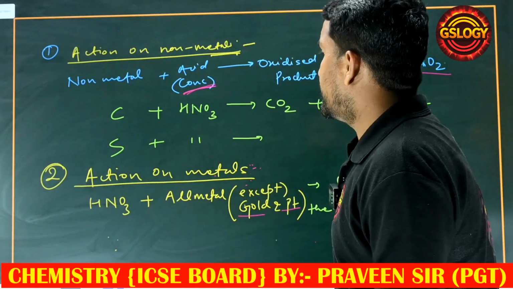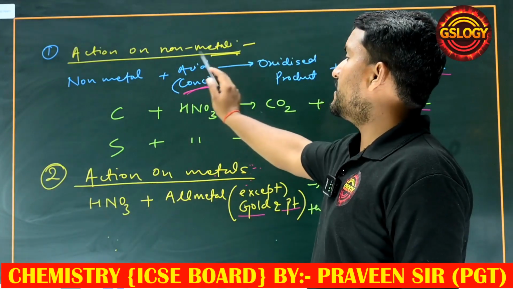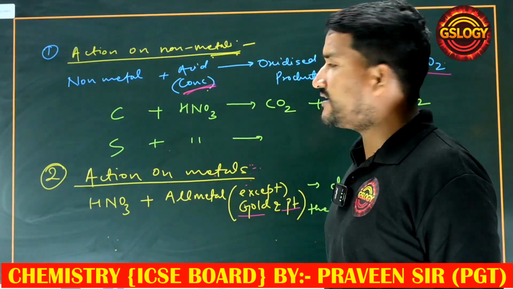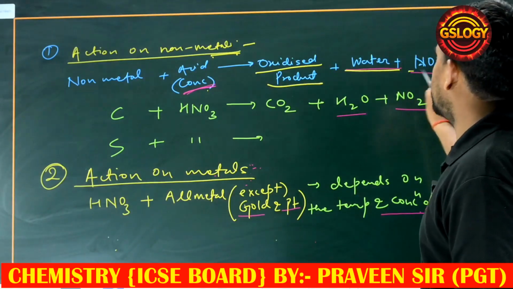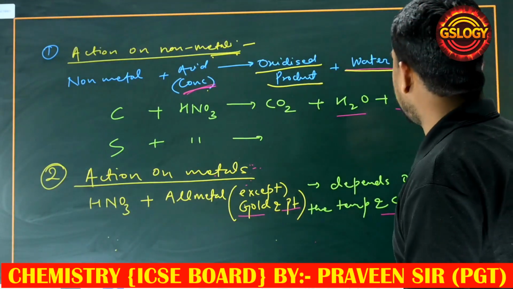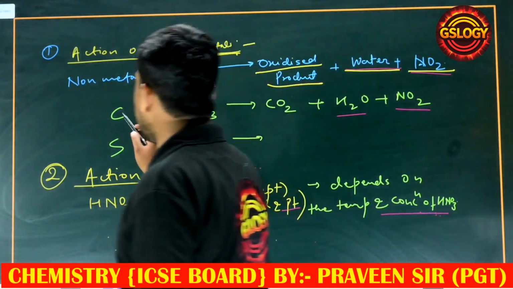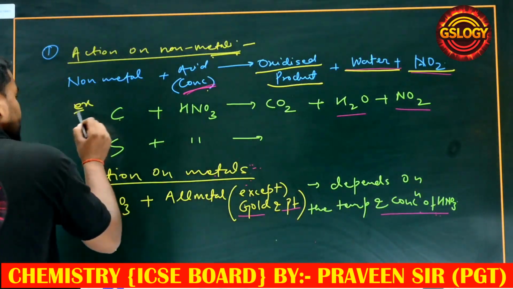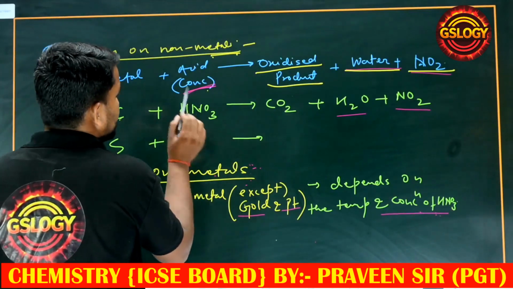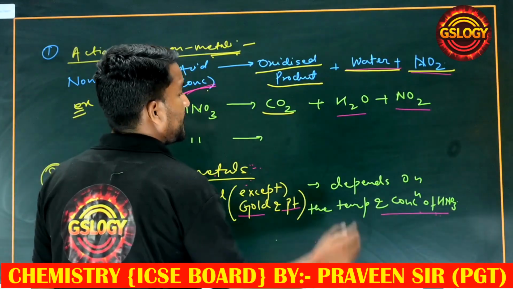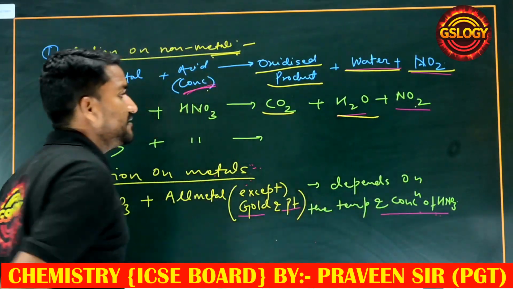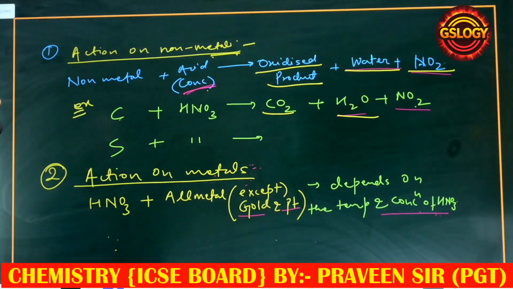Action on non-metals. When a non-metal reacts with concentrated acid, it will form the oxidized product, water, and nitrogen dioxide. For example, carbon reacts with concentrated nitric acid, then it will form carbon dioxide, water, and nitrogen dioxide.